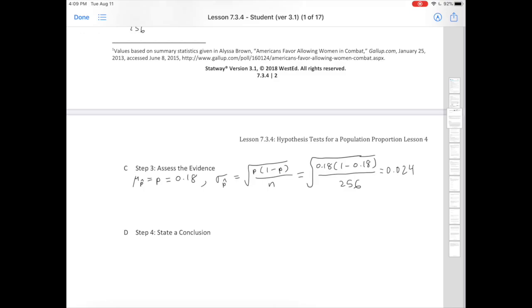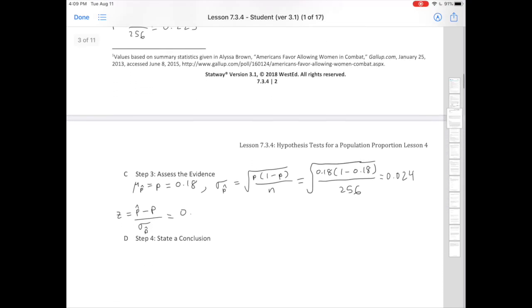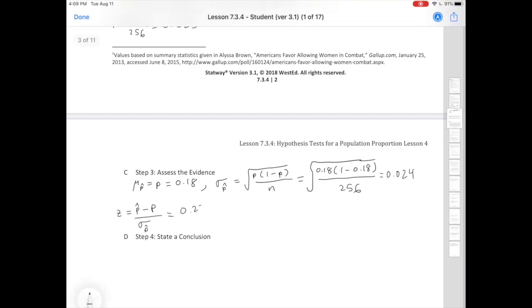I'm going to go ahead and do the z-score now. Remember, the z-score is equal to p hat minus p divided by sigma, right? So what was our p hat? It was 0.223, right? So 0.223 minus 0.18.